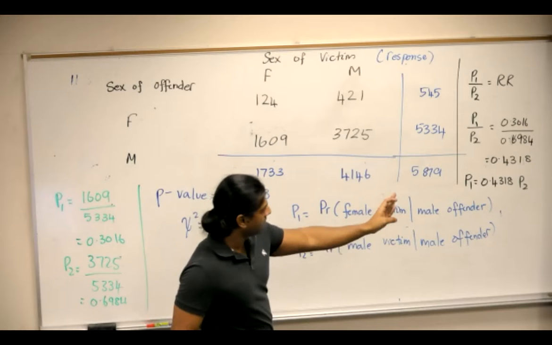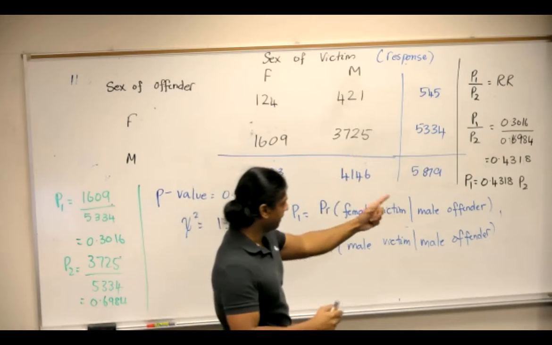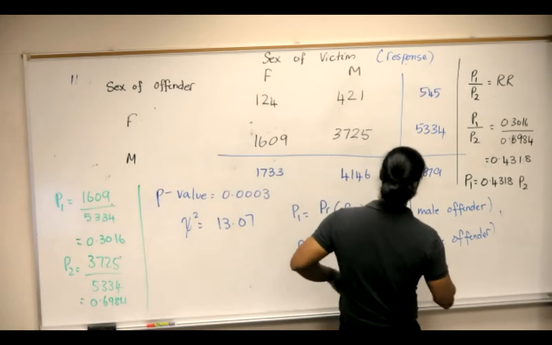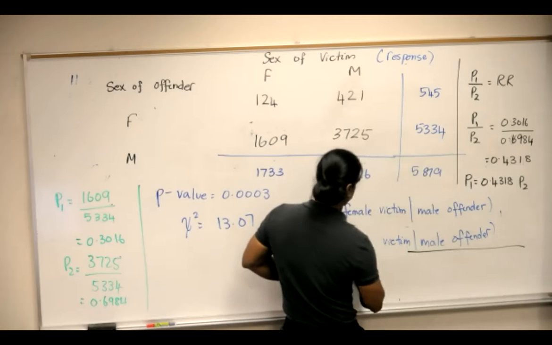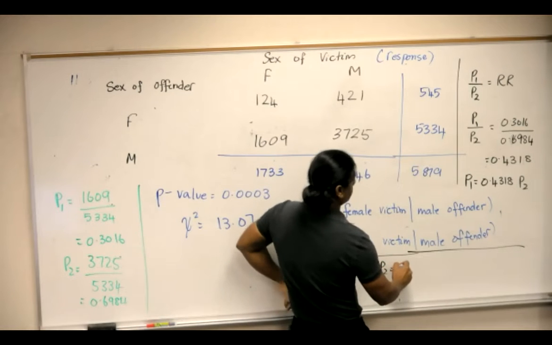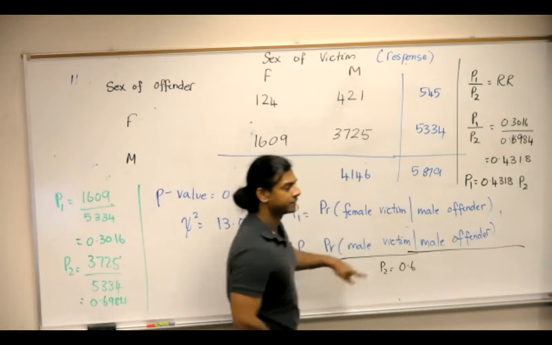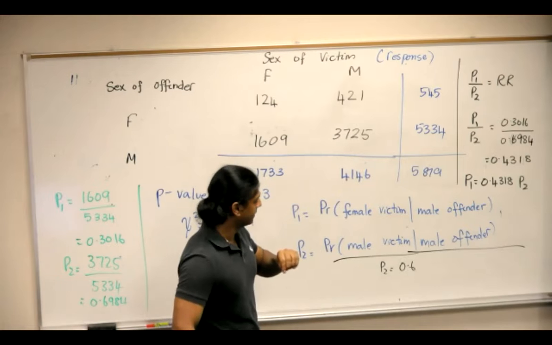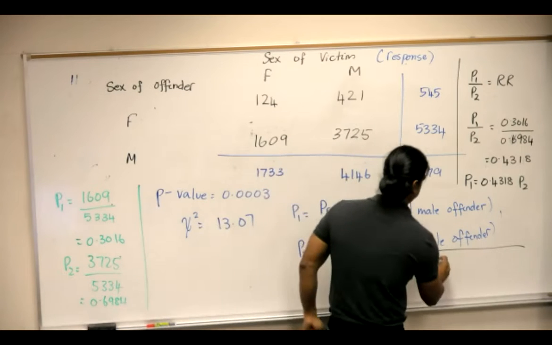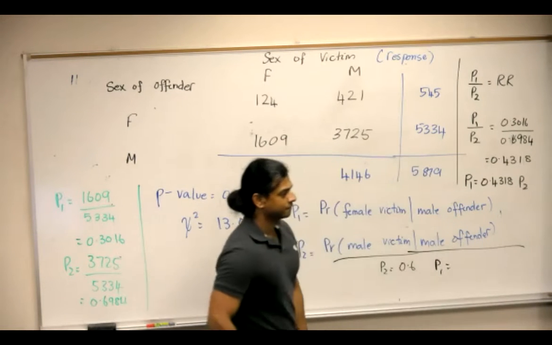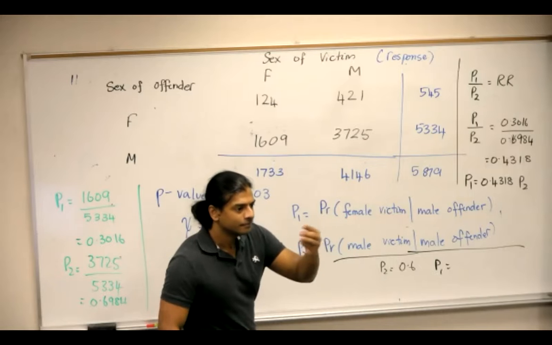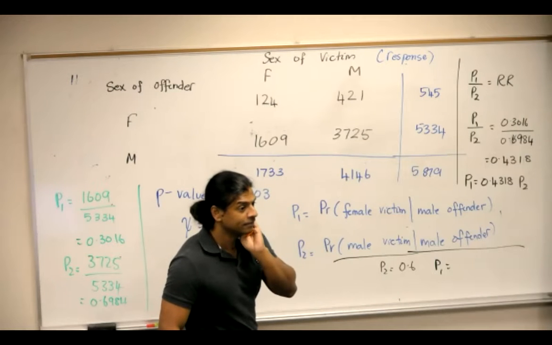Why is it so? Let's just hypothetically pick P2 to be 60%. What would P1 be? 40?